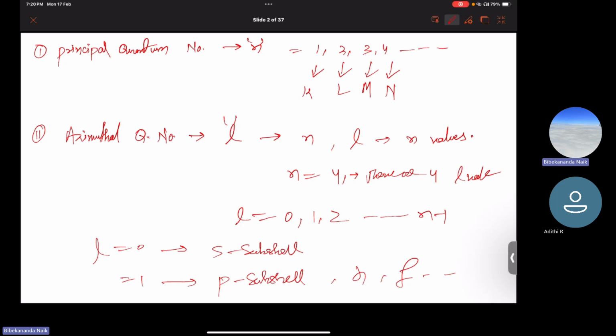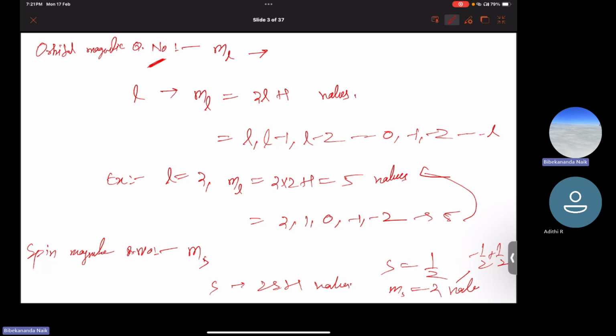As we continue our discussion, we will find out that each electron which revolves in an orbit has some magnetic moment associated with it. Whether it has orbital motion or spin motion will depend upon the nature of the magnetic field. If we are talking about the orbital motion, then we have orbital magnetic moment, and corresponding to that orbital magnetic moment, we have orbital quantum number L, and corresponding to L, we have ml.